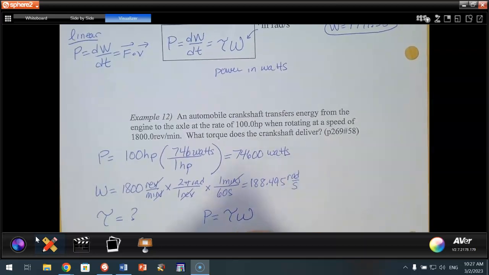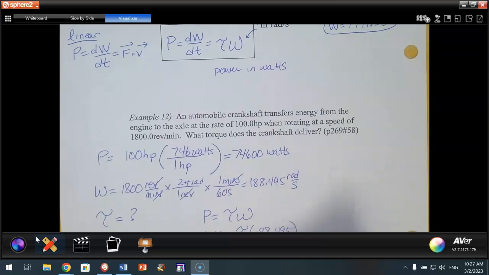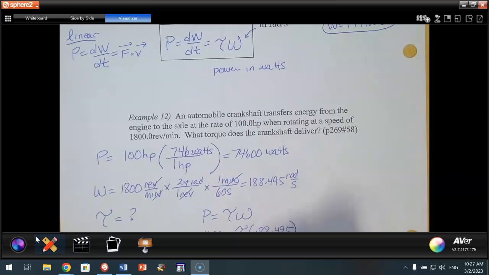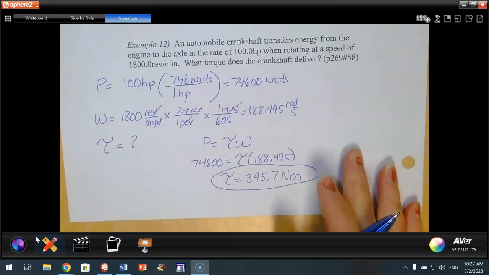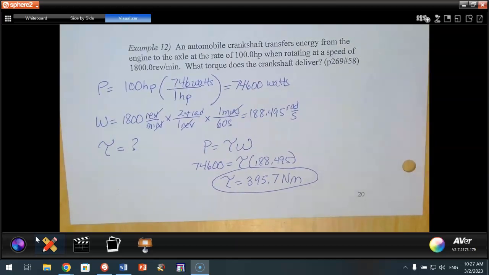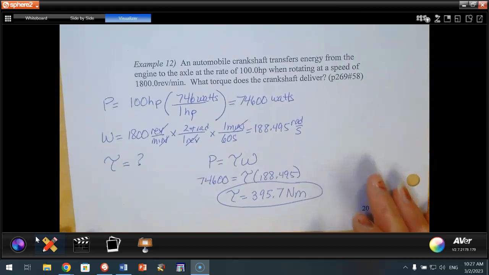And so plugging in 74600 equals torque times 188.495, I get that it delivers a torque of 395.7 Newton meters. Sometimes with engines and cars, you hear about torque. They talk about the torque of the engine. What they're talking about is the way that it rotates the axle, then it rotates the wheels.